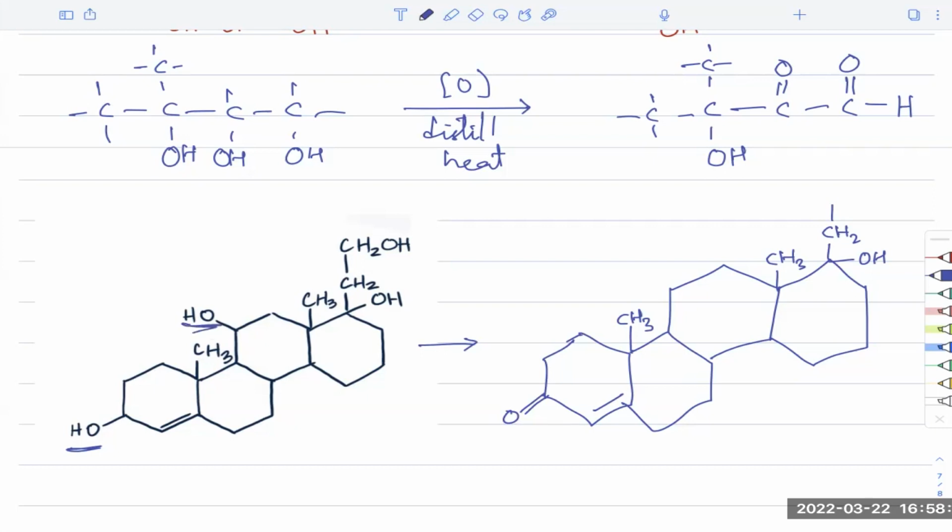And this alcohol will also oxidize to ketone. This alcohol will oxidize to carboxylic acid. And this one will not oxidize. So that is, as far as we know, for alcohols, the hydroxy groups.